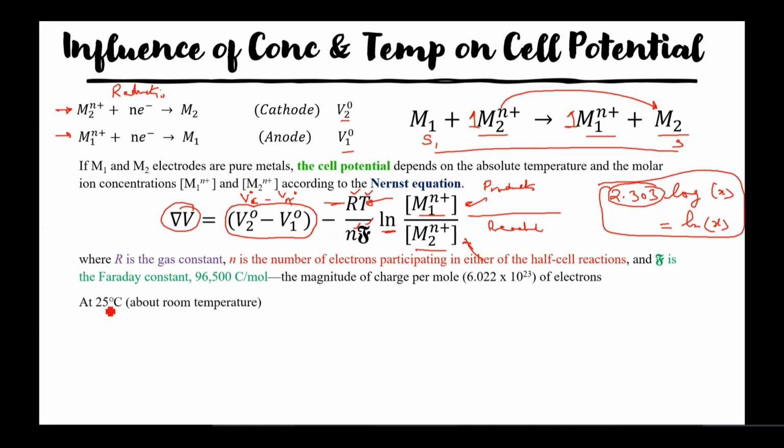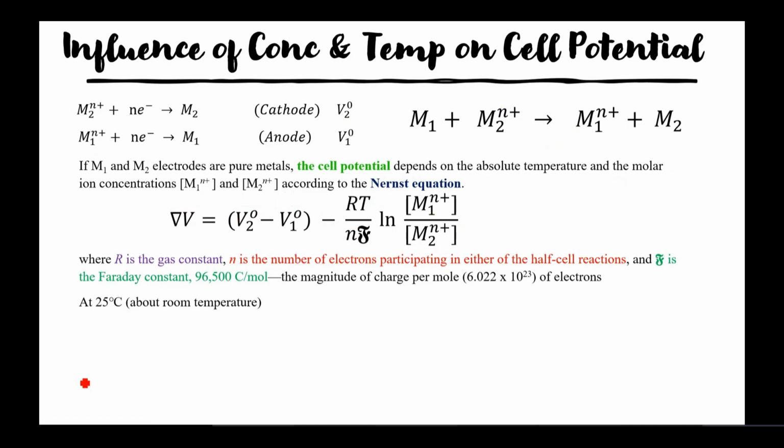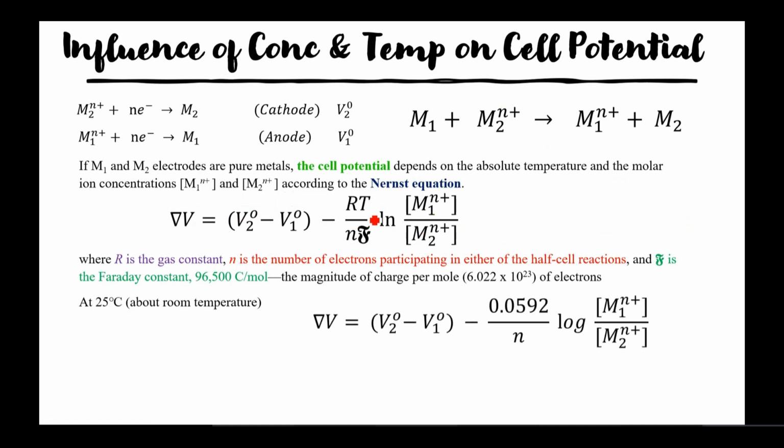When you say at 25 degrees centigrade, which is room temperature, if I write down the equation over here, this would be the equation at 25 degrees centigrade for non-standard concentrations. If you see, R would be a constant, temperature would be a constant, Faraday's constant is a constant.